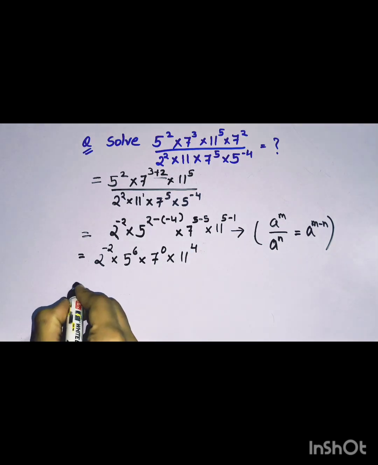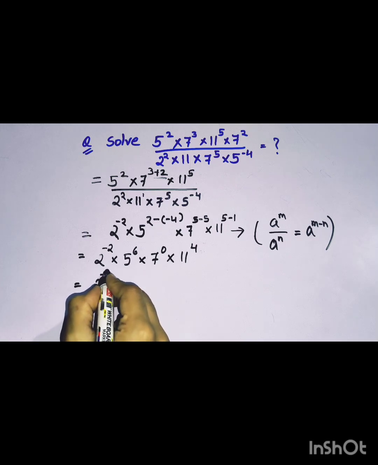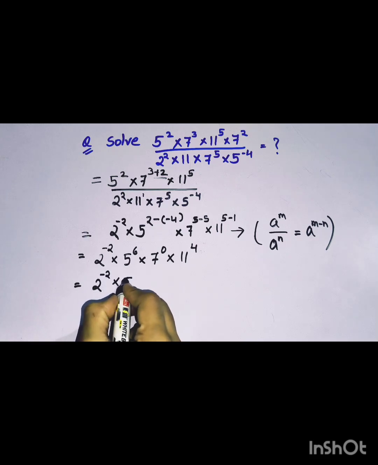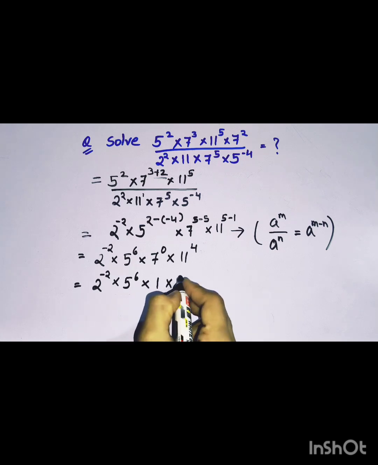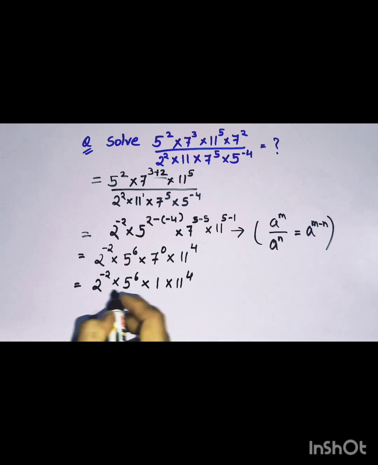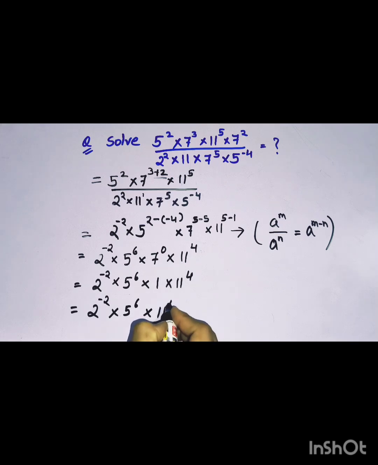Okay, now 2 to the power minus 2 into 5 to the power 6 into 1 into 11 to the power 4. Okay, so 2 to the power minus 2 into 5 to the power 6 into 11 to the power 4, and this is our answer.